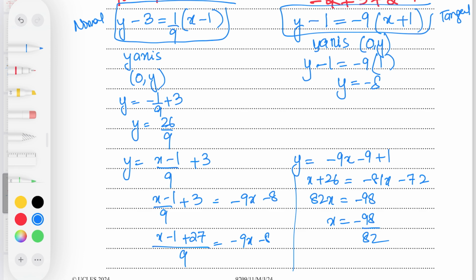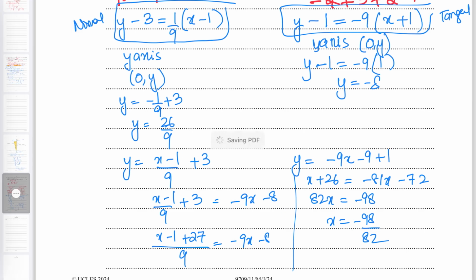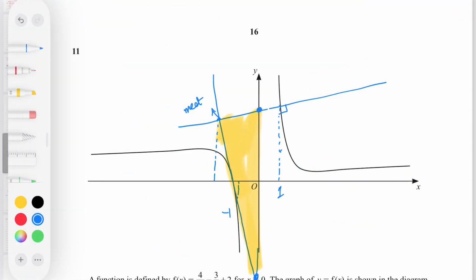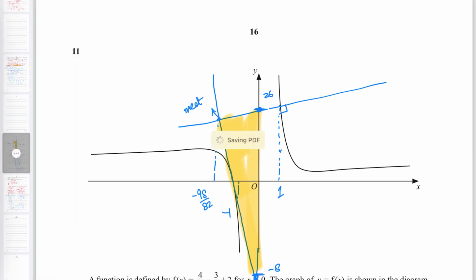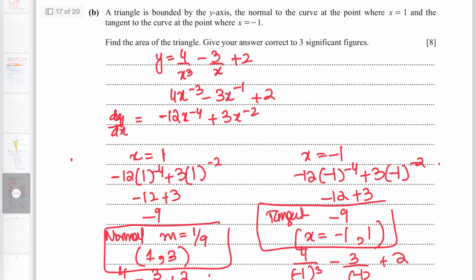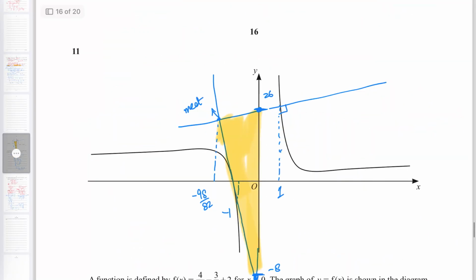Now let's find out the area, but first we need to put all these things on the diagram. Minus 98 upon 82. This point is minus 98 upon 82. This point is 26 upon. This point is a minus 8. We have to find out what is the value of y here. This is a 26 upon 9.